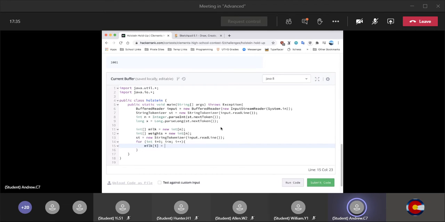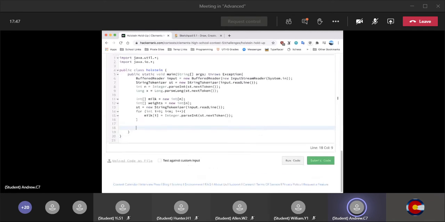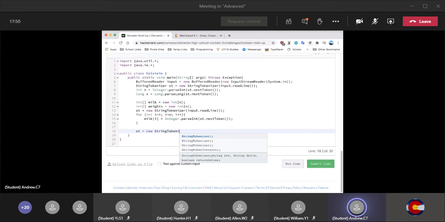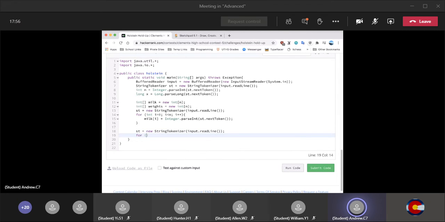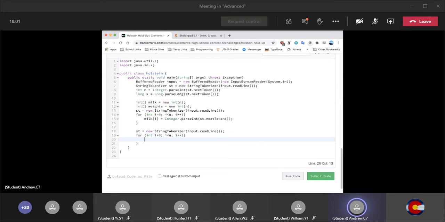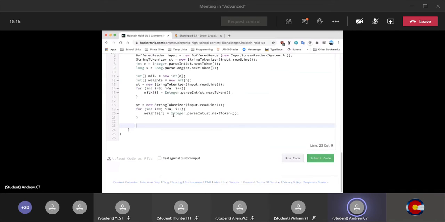So milk i would be Integer.parseInt st.nextToken. And the same thing for the next line, which goes over all the weights of the cows. So st equals new StringTokenizer input.readLine. For int i equals 0, i less than n, i plus plus, we have weights i equals Integer.parseInt st.nextToken. So far we finished inputting all these numbers, and now we can actually get to solving the problem.